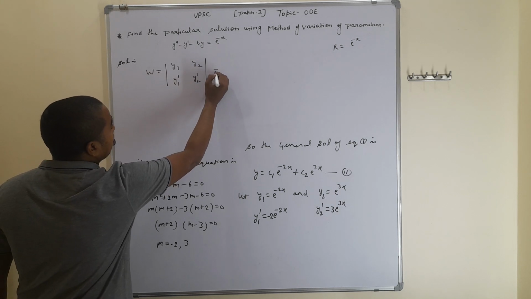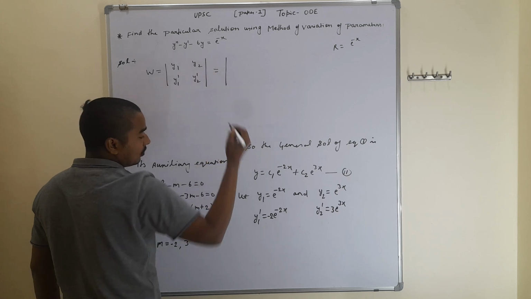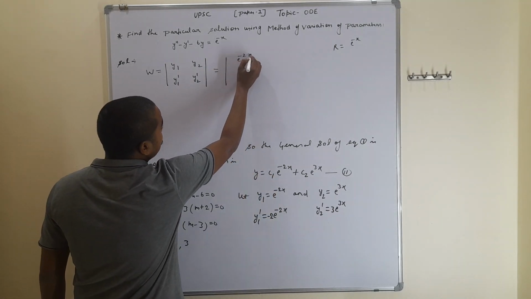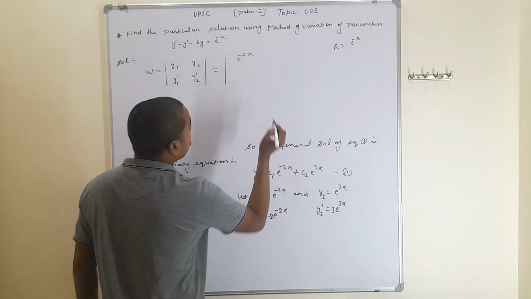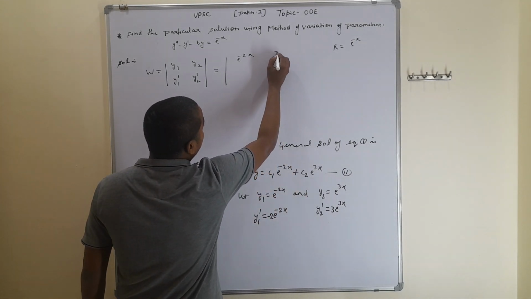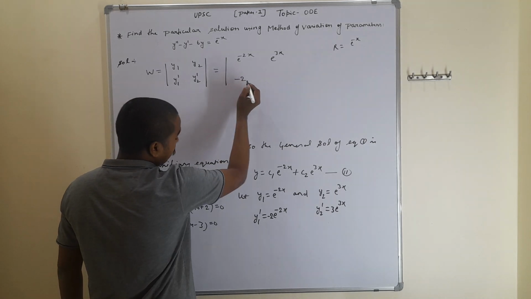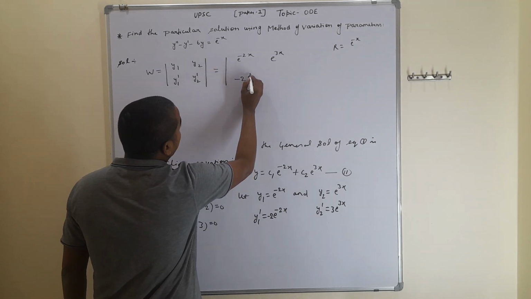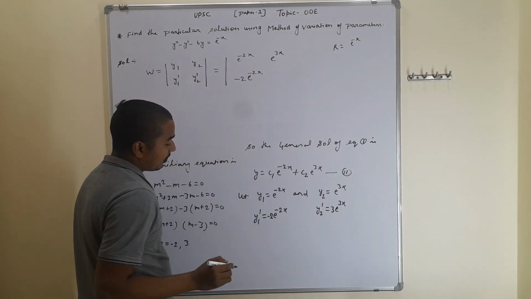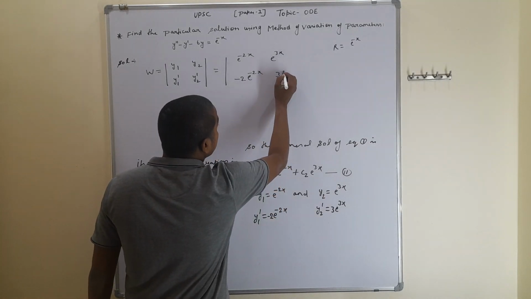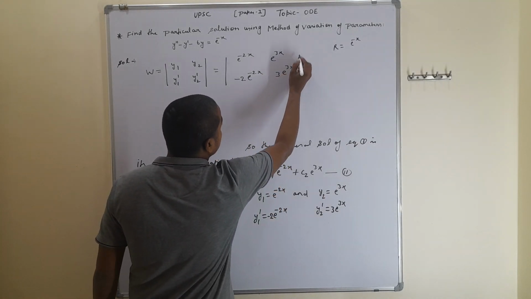Putting the value, that is y1 is e to the power minus 2x, and y2 is e to the power 3x, and y1 dash is minus 2 e to the power minus 2x, and y2 dash is 3 e to the power 3x.